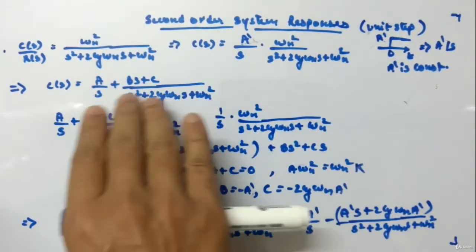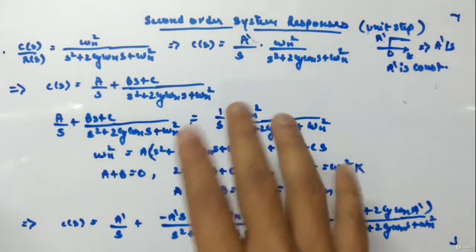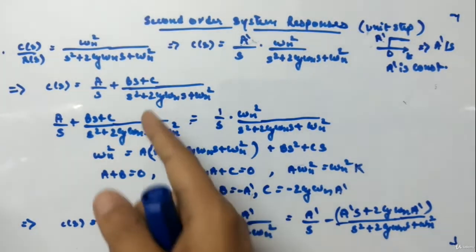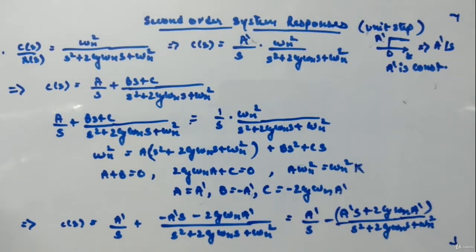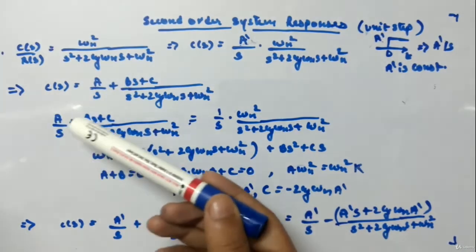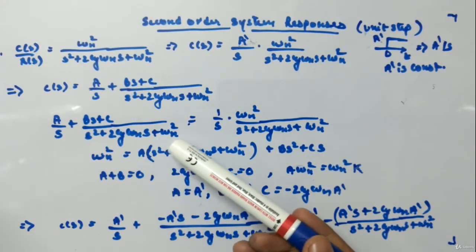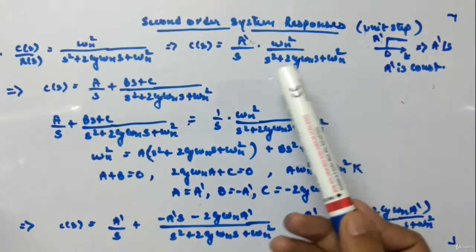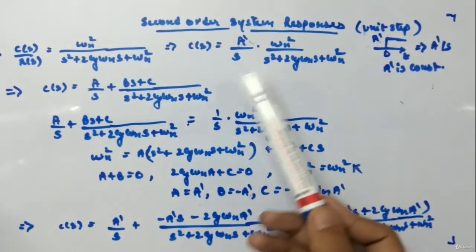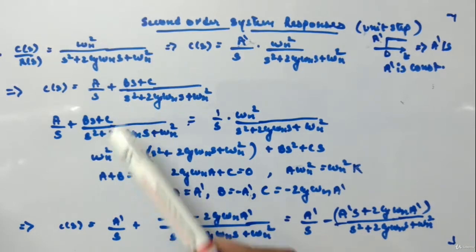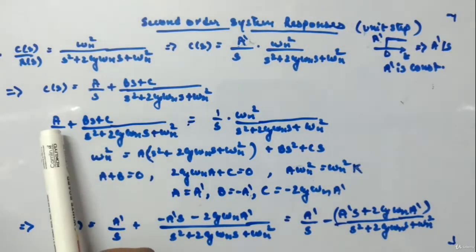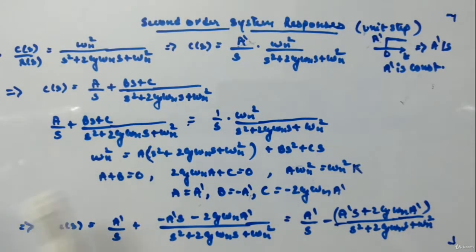Okay, I am taking the partial fraction way to calculate the inverse Laplace transform. A by s plus (Bs plus C) divided by s square plus 2 zeta omega n s plus omega n square is equal to this. I am just writing this in this way. So how am I going to find the constants A, B and C?